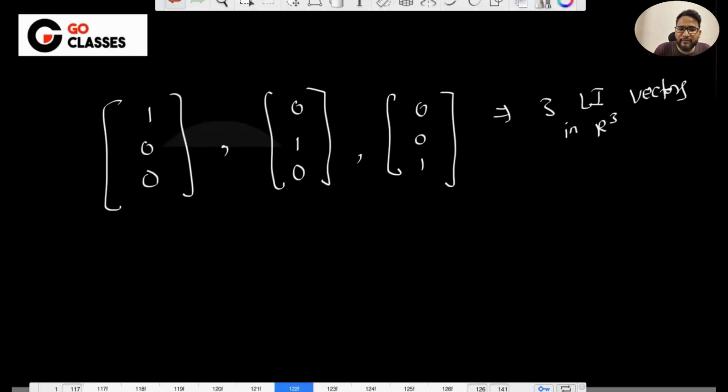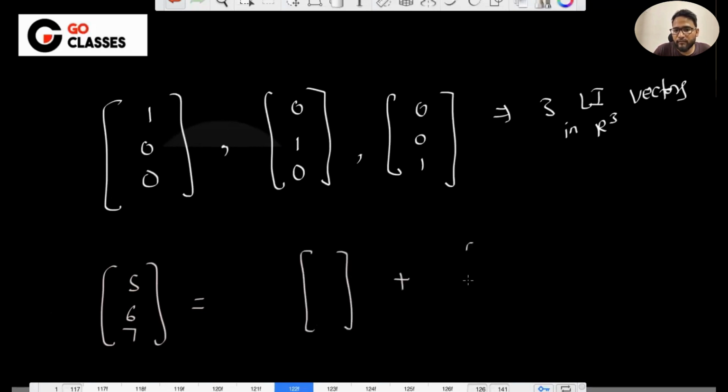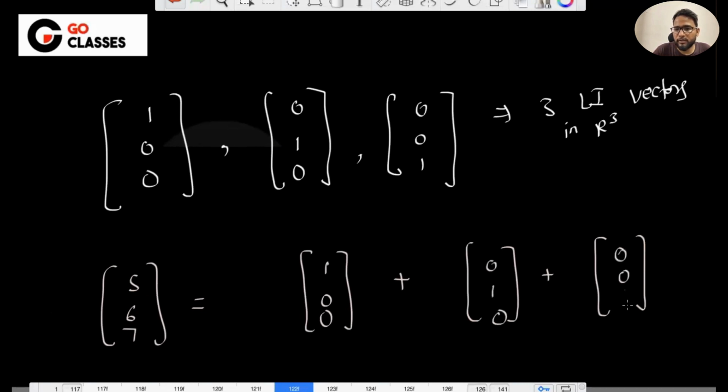Now you give me any B, maybe 5, 6, 7. Can you get me the coefficients C1, C2, C3 or X, Y, Z for this 5, 6, 7? Yes, we can generate any B. Very nice. So this will be basically 1, 0, 0, 0, 1, 0, 0, 0, 1. And here you can have maybe 5, 6, and 7, right? So these three linearly independent vectors can fill the whole space in R3.